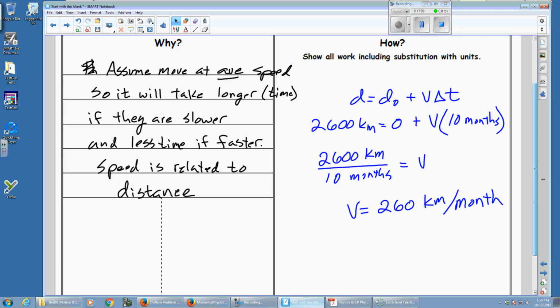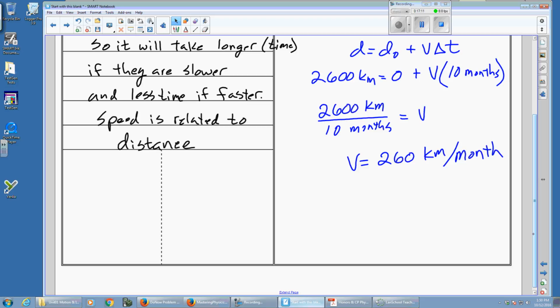I would rather get rid of all my units beforehand so I don't have to worry about them, and then do my math. So maybe we should do some units here. If I want to take 2,600 kilometers, how many meters is that? Well, is a kilometer bigger or smaller than a meter? Bigger. So I'm going to get a bigger value, right?